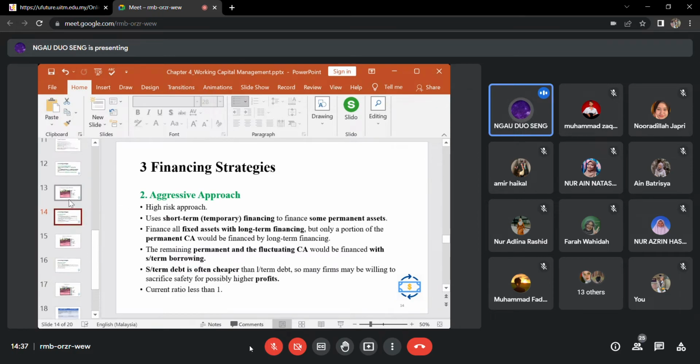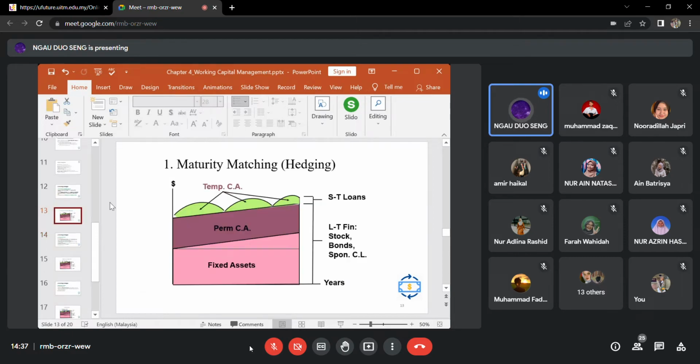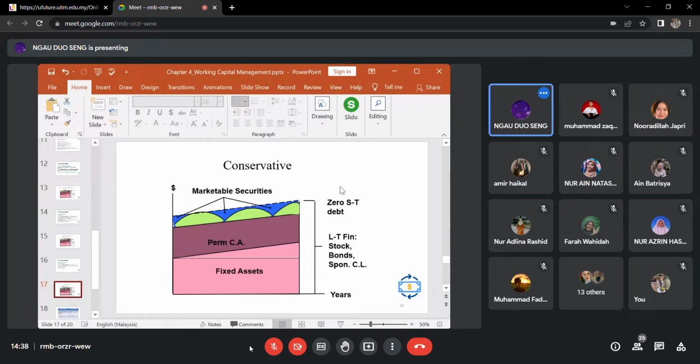So when we check for the risk, why do we say that if we use long-term financing it is lower risk? Because here we take an example. We know that this one is temporary, right? So Hari Raya, you buy products here, then you sell, then you will pay back the bank.